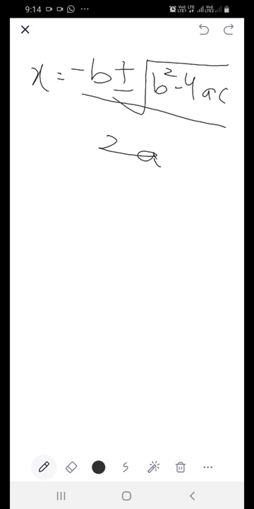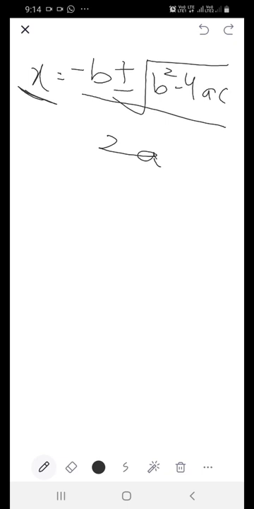Now this is Sridhar-Acharya formula. You are going to substitute the value of a, b, c in this and find the value of x, which is the roots of the equation.